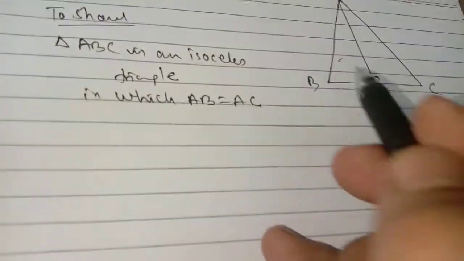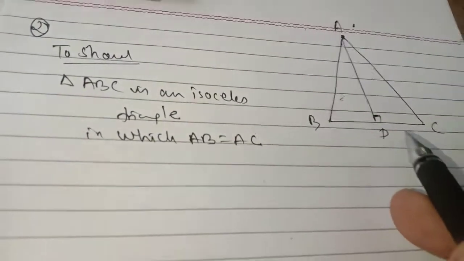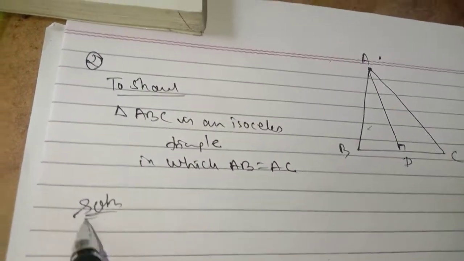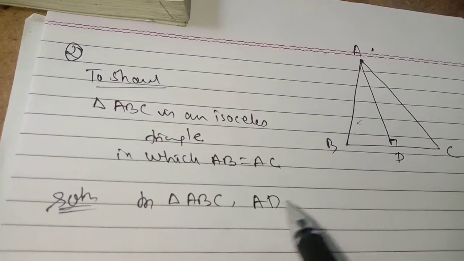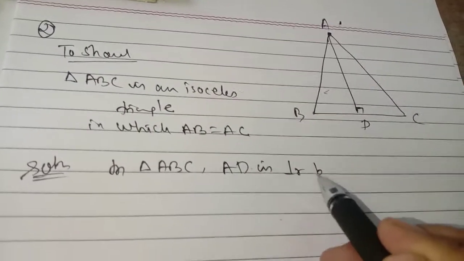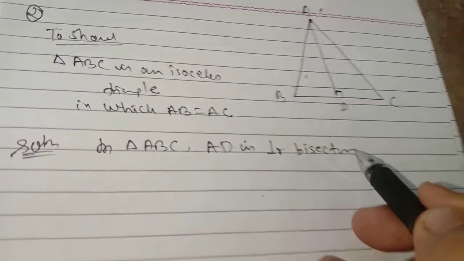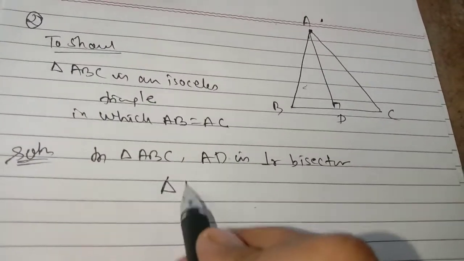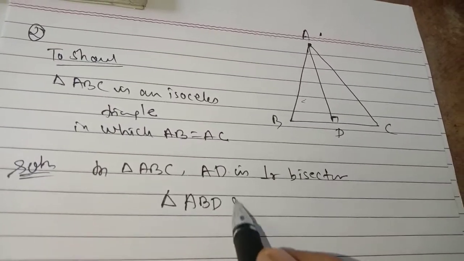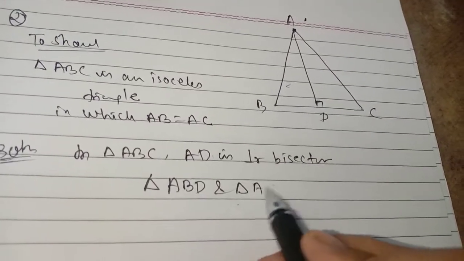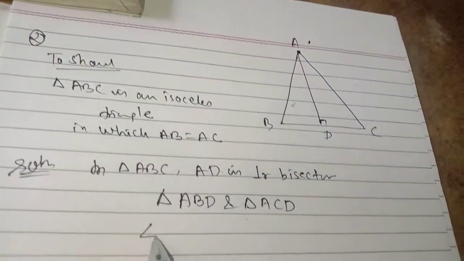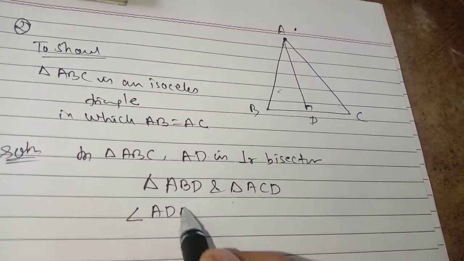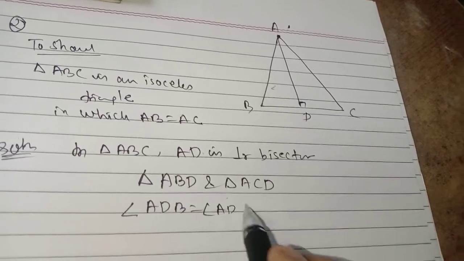So as we know that AD is the perpendicular bisector, solution. Write down: in triangle ABC, AD is the perpendicular bisector. So we select two triangles, triangle ABD and triangle ACD. In ABD and ACD, we will write angle ADB is equal to angle ADC.